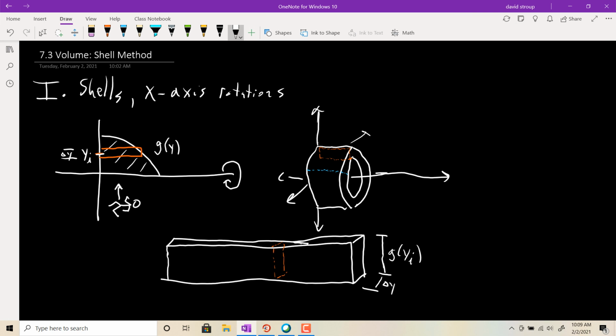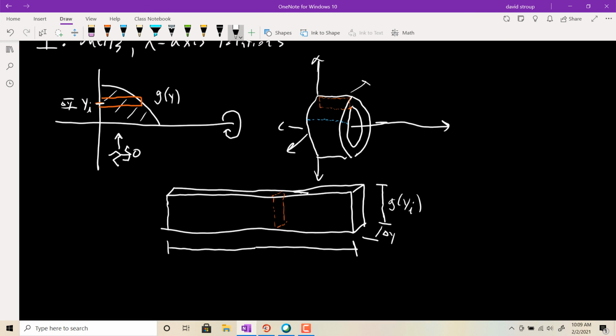And then the dimension I need the radius for would be this dimension. This takes a little bit of creative thinking. What is that length? Well, that length is the length around this wheel, the shell, right? It's this distance that I'm looking for.